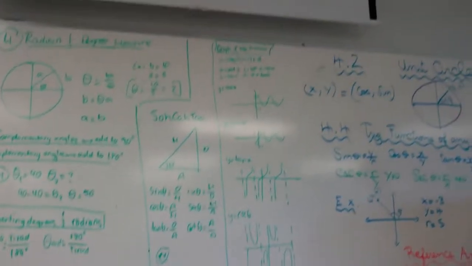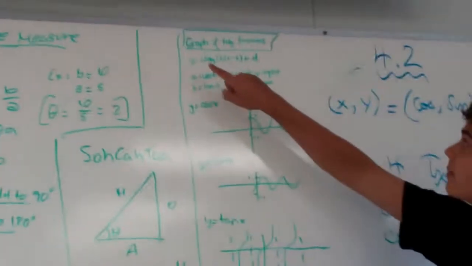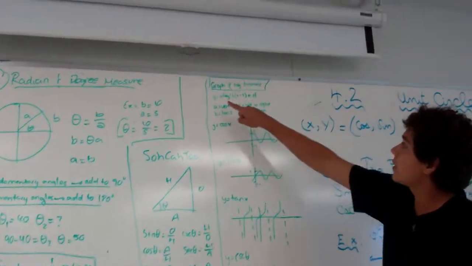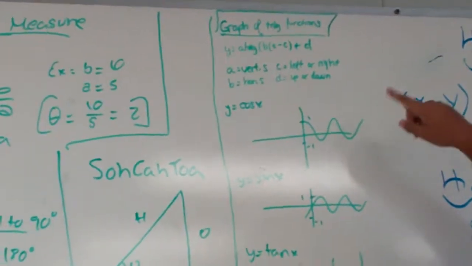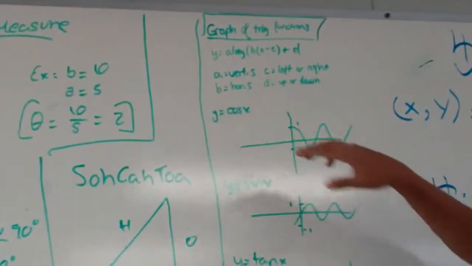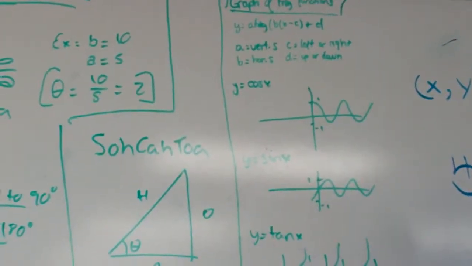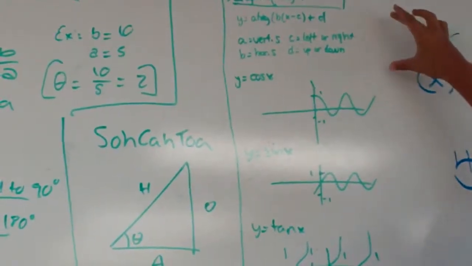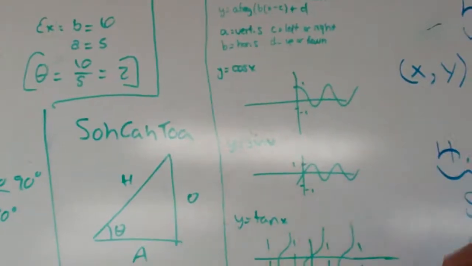And then graphing trig functions. We can describe a function as y equals a trig b parentheses x minus c parentheses plus d, where a would be our vertical stretch, b would be our horizontal stretch, c would be when it moves left or right, and d would be up or down.